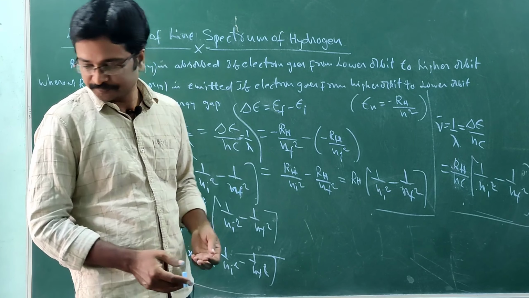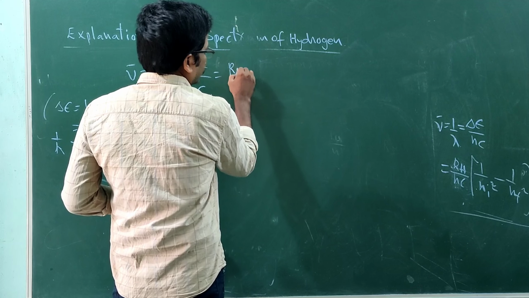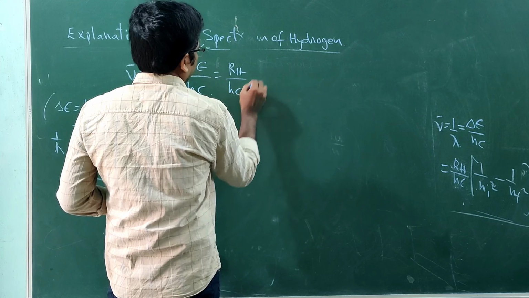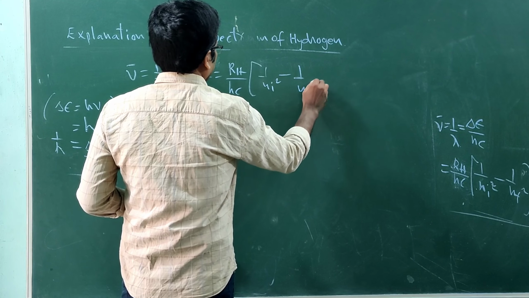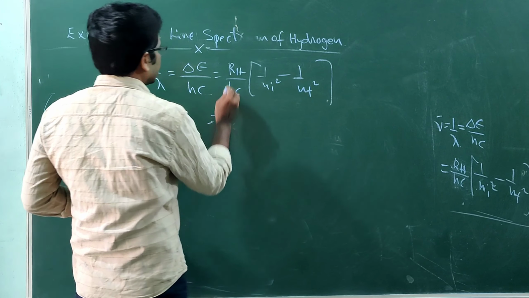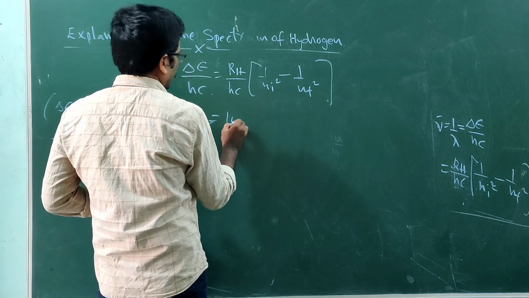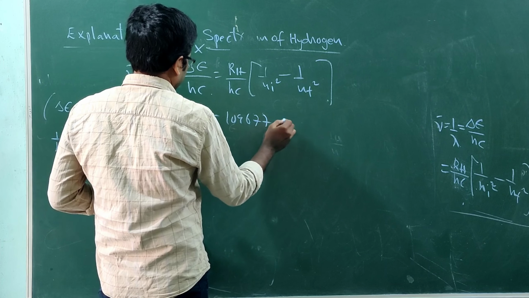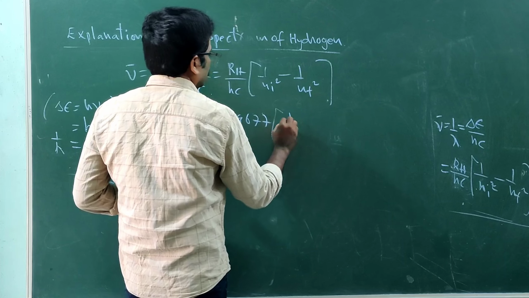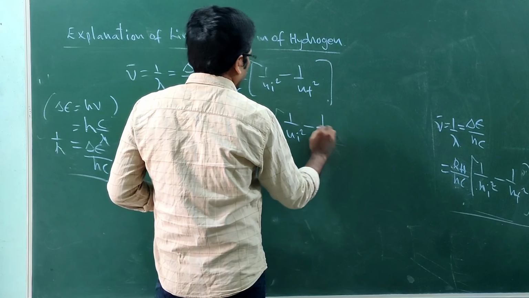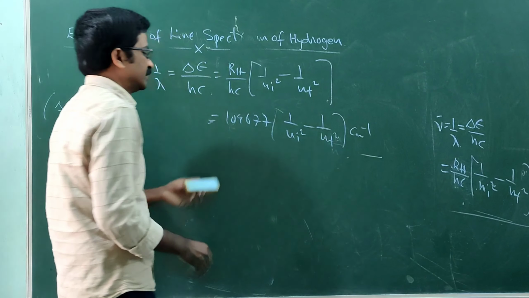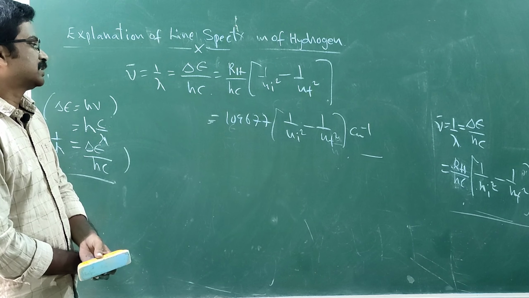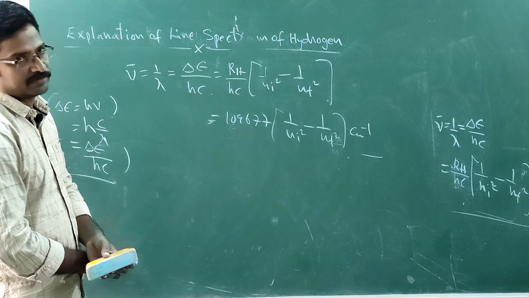Next point. RH by hc, this value we may get as 109,677 centimeter inverse.